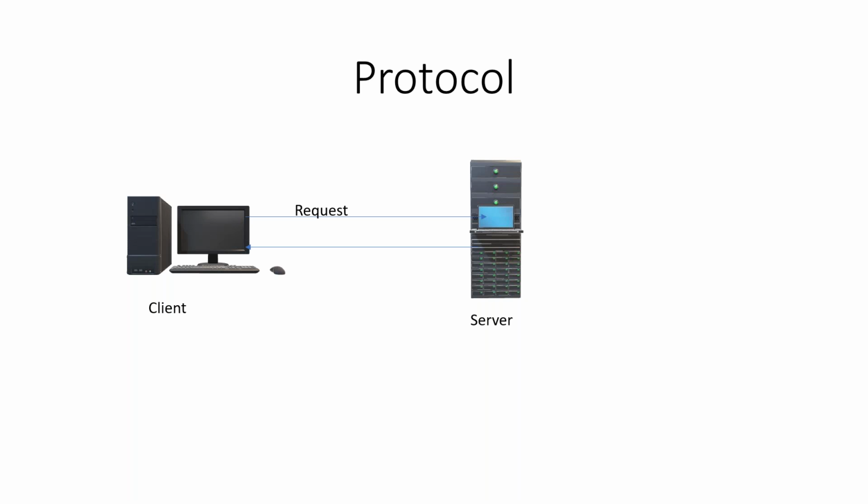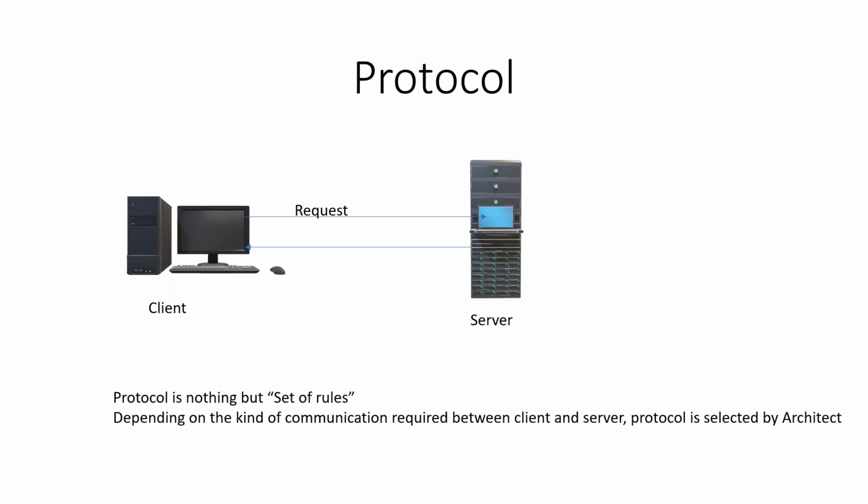Whatever the web server sends to the application server, and the application server sends to the DB server, there should be some protocol followed. Otherwise, each server cannot understand what the other server is sending. In general, protocol means a set of rules, and all these servers follow some protocols.